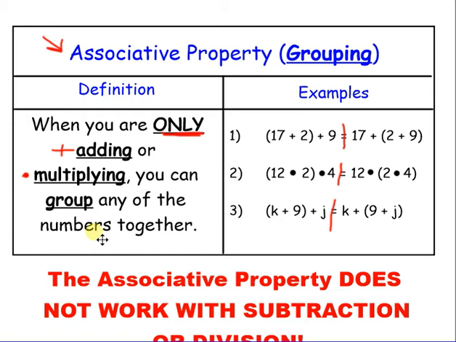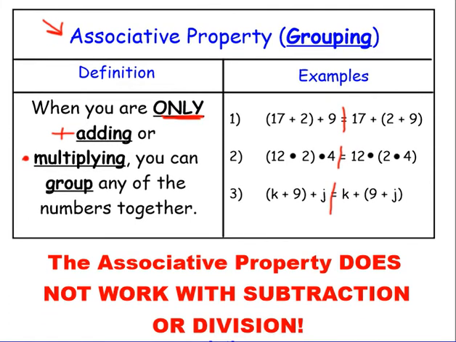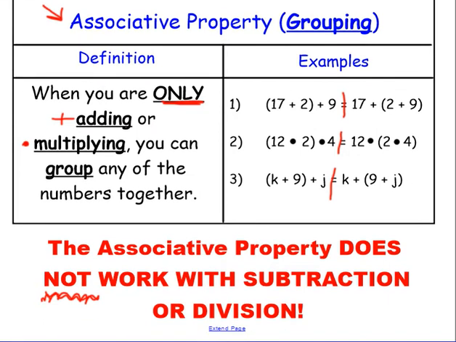You can group them in any order. We could have five different numbers and move the parentheses into different places as long as they're all being added together. The big takeaway from the associative property, though, is that it does not, under any circumstances, work with subtraction and division. And I can show you why.